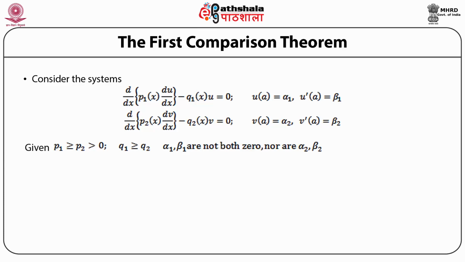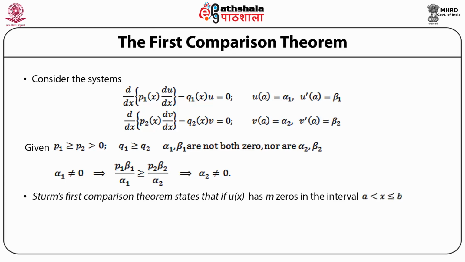We assume that alpha 1, beta 1 are not both 0, nor are alpha 2, beta 2. Further, if alpha 1 is not equal to 0, then p1 into beta 1 divided by alpha 1 is greater than or equal to p2 into beta 2 divided by alpha 2. This implies alpha 2 is not equal to 0.